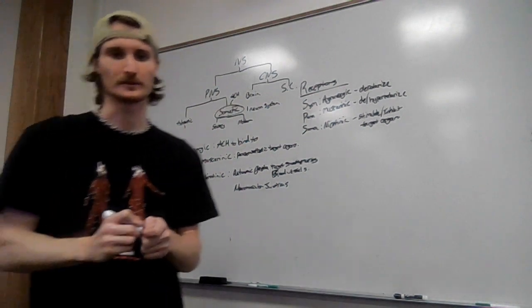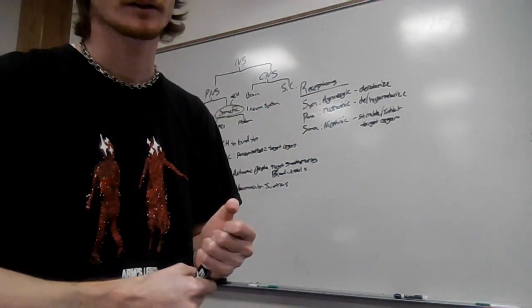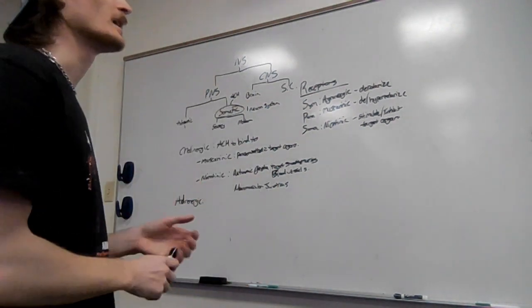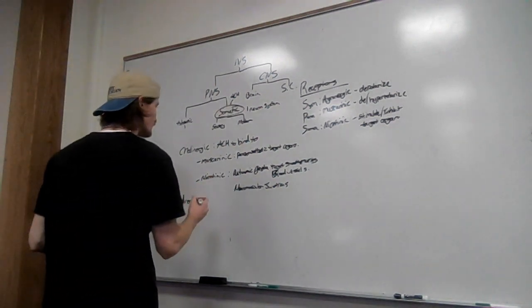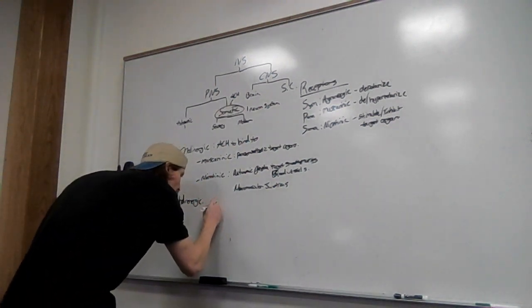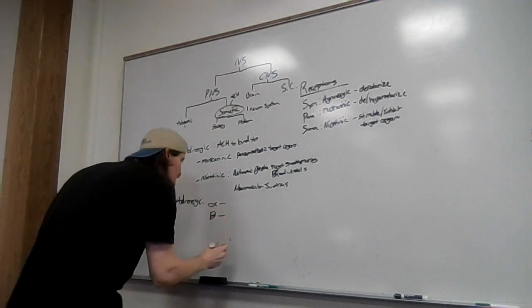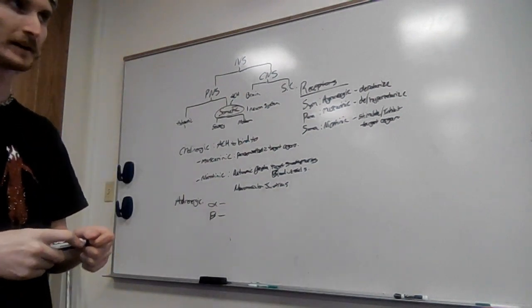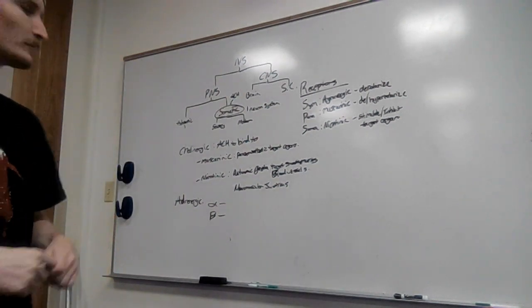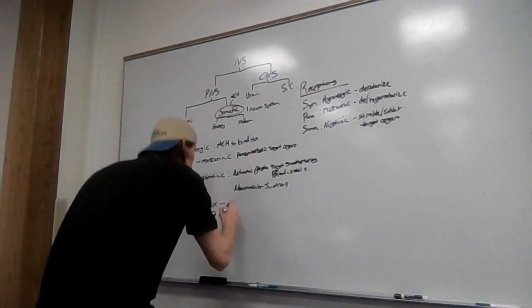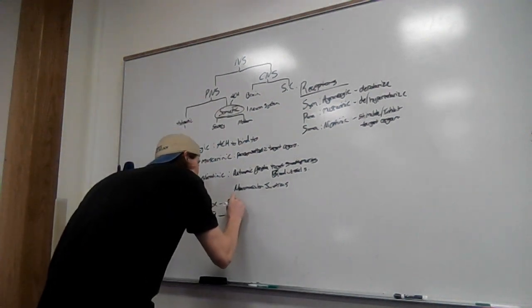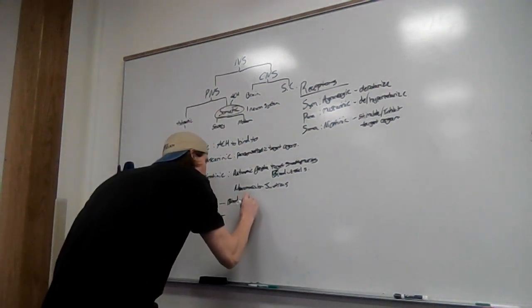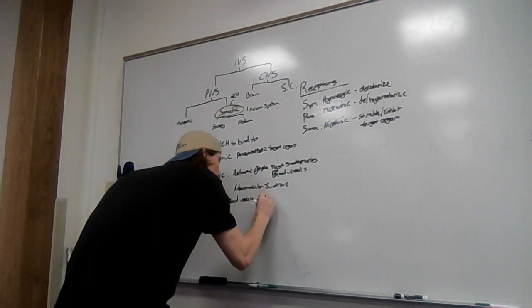So these receptors, or actually this is a subdivision. These are just going to have alpha and beta. Alpha receptors and beta receptors. And alpha is going to be more for blood vessels, smooth muscle.